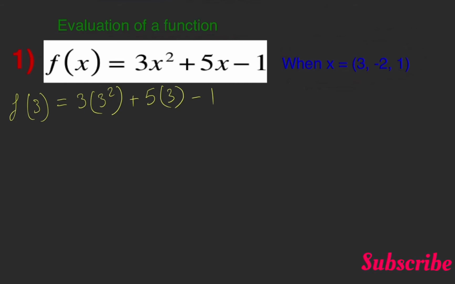For example, here we take the x and we replace it with the number we are using. So here it gives us 3 times 9 plus 15 minus 1, which is 27 plus 15 minus 1, which is just 41.